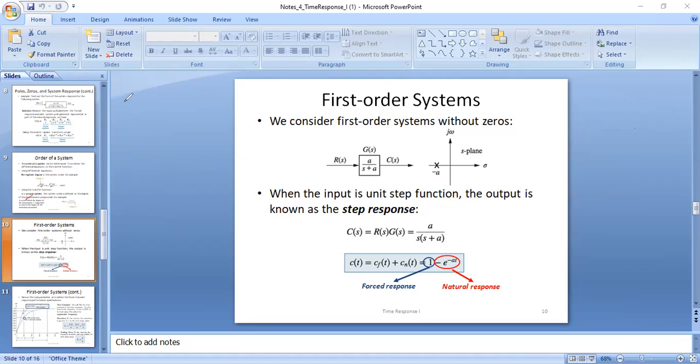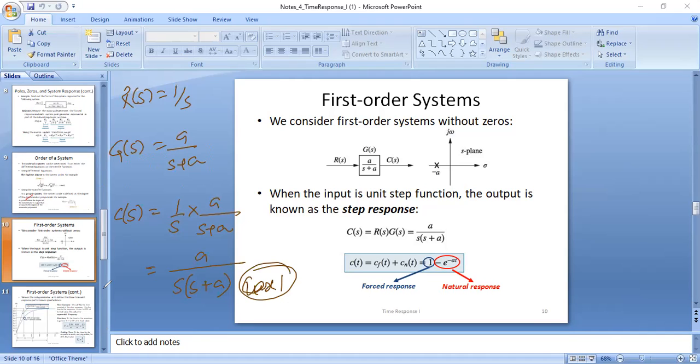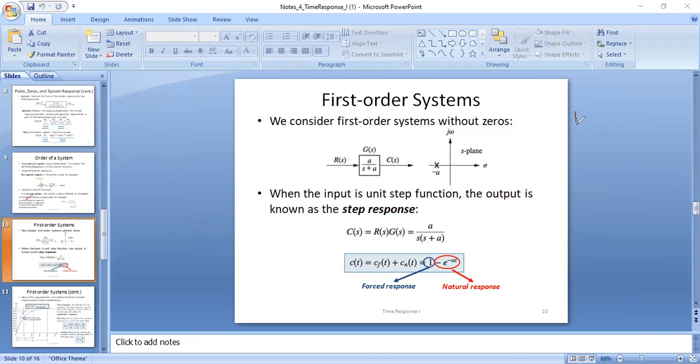So here R of s is 1 by s, g of s is a upon s plus a. So C of s would be 1 by s into a upon s plus a. It would be a upon s into s plus a, right? Now you will use case 1. You can find it easily. When you find it, you will get 1 minus e to the power minus at in C of t terms.